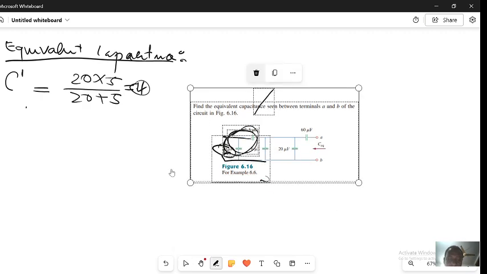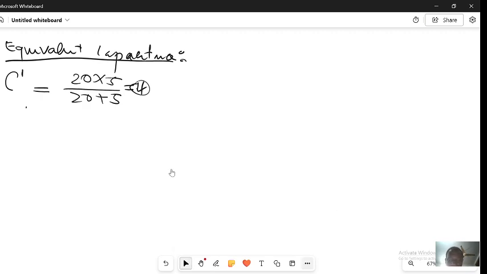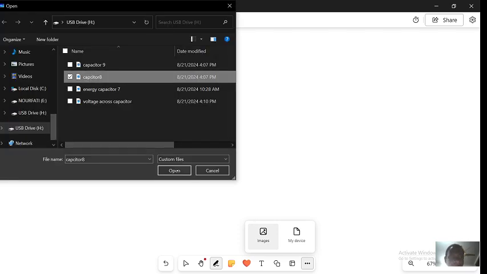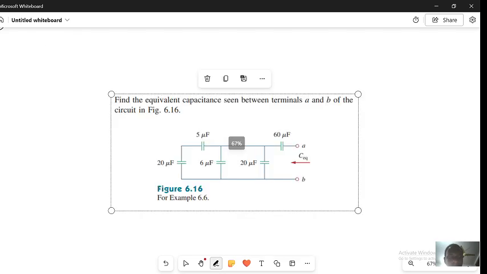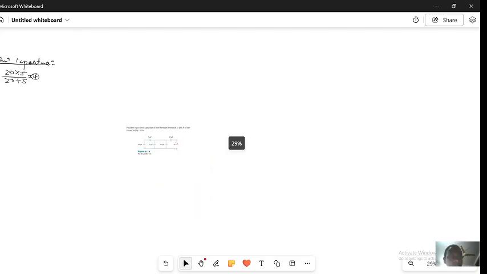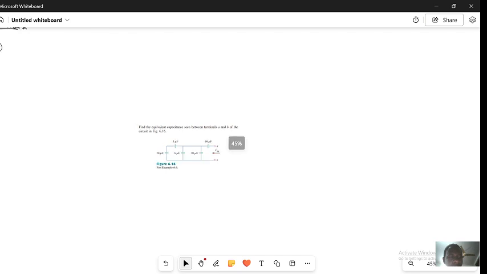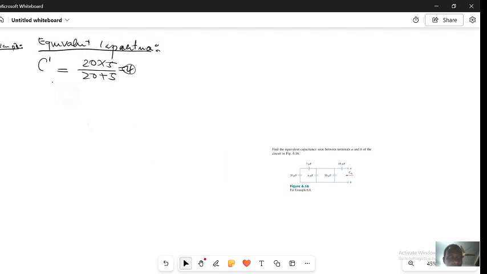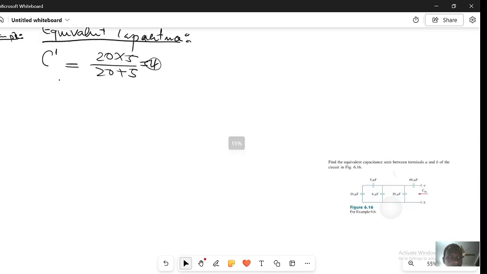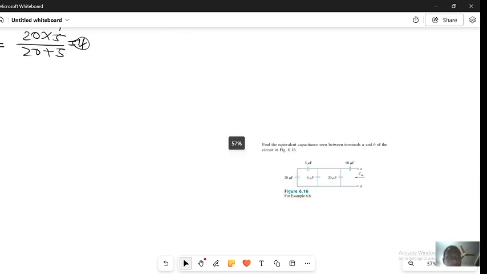So since they are being parallel, I have to add them, since they are going to be in parallel.